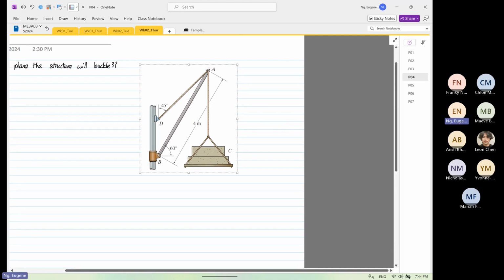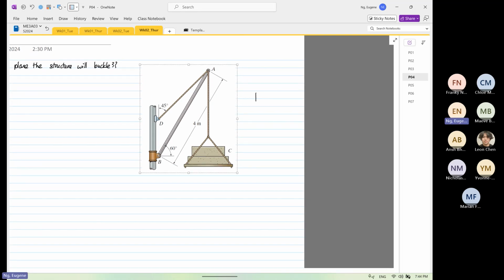So I'm going to still call this our X, Y, and this is our rotation about Z. Okay.